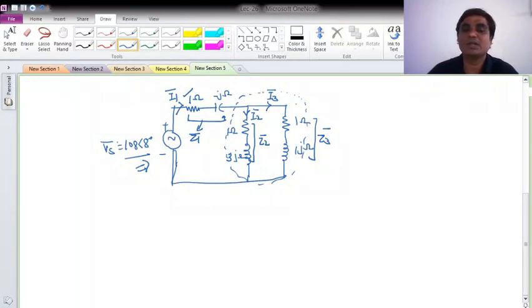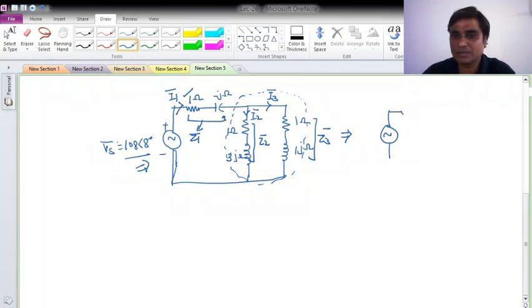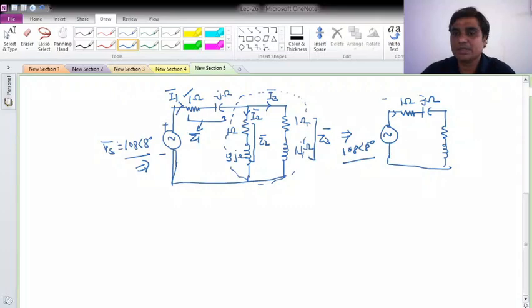Like what we have done for the resistor network, the equivalent circuit I can draw is like this, which will be R and C, and this will be R and L. What is that equivalent value? That I have to find out. Minus j ohm. This was 108 with 8 degree. I am interested in computing this I1 phasor. To obtain this, I observe that Z2 is in parallel with Z3.